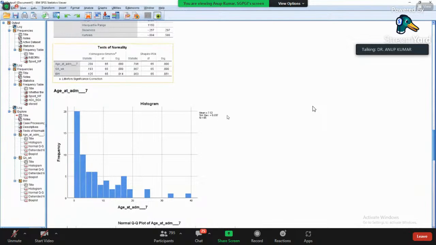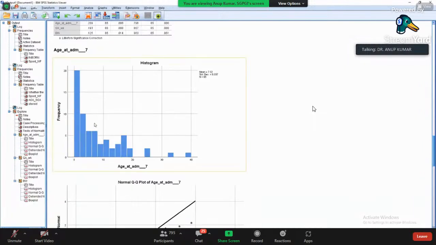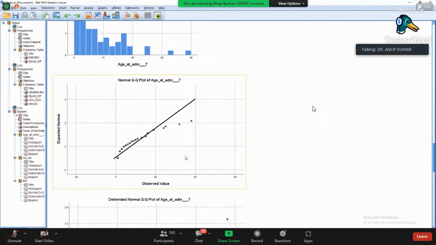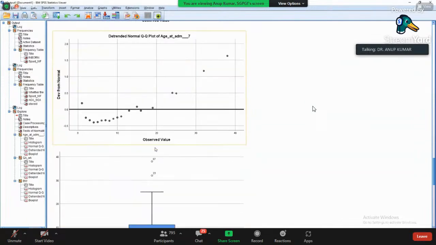You can see the histogram of age at admission. It is not normally distributed data. Most of the babies admitted to the hospital have quite a low age, so this is skewed data. Again, you can see the box plot of this.